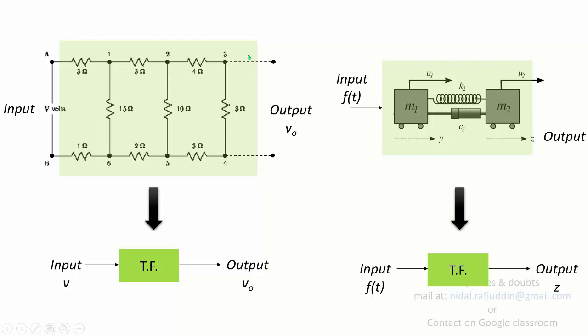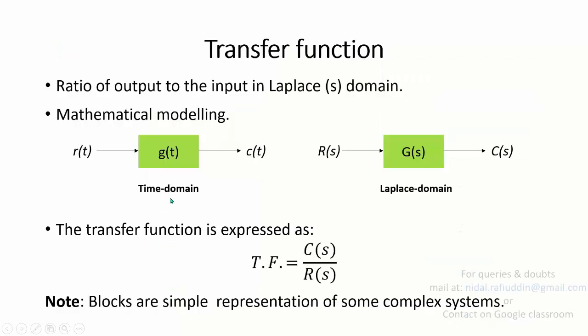Now, once you obtain the transfer function of any system, let's say for this electrical system or the mechanical system, then in order to obtain the output for any input, since the transfer function is a fixed quantity, you simply multiply the input with the transfer function, since the transfer function is output divided by input.